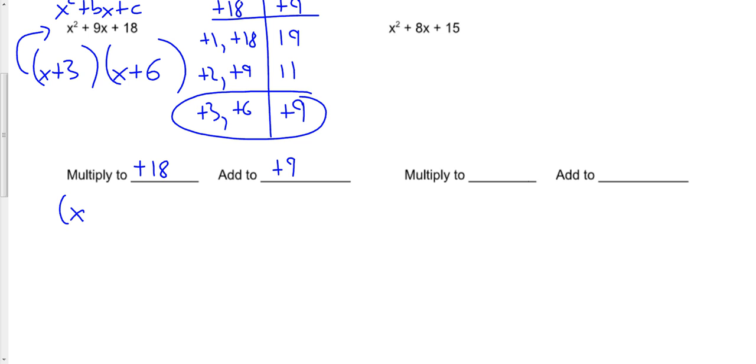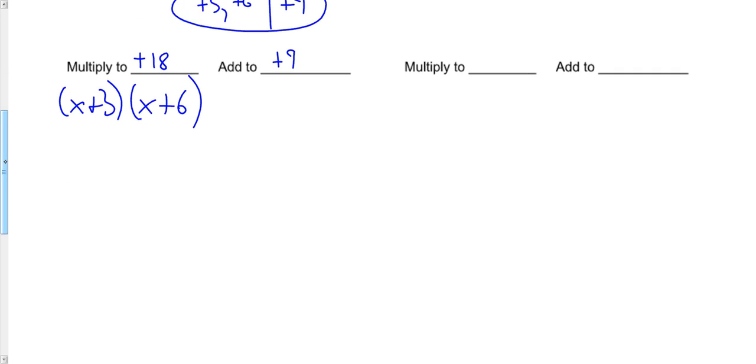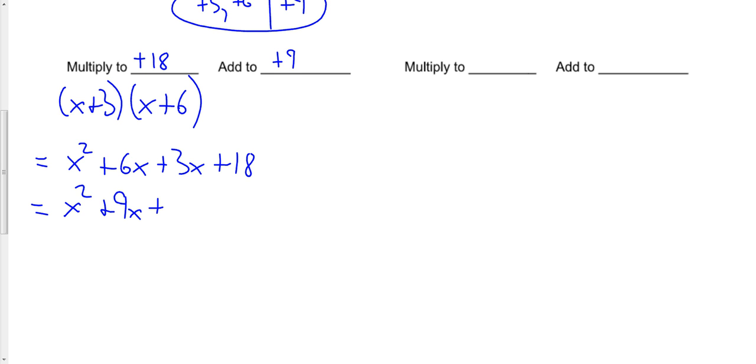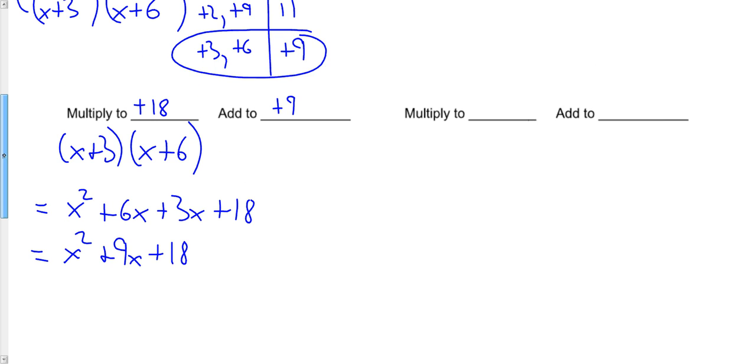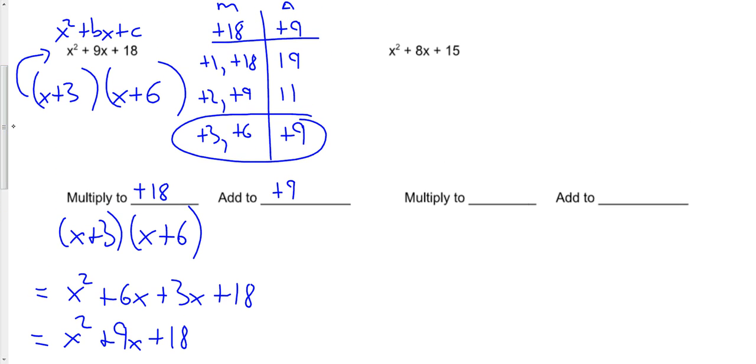If I do x plus 3 times x plus 6 using my FOIL pattern, it's going to give me x squared plus 6x plus 3x plus 18, which ends up being x squared plus 9x plus 18. Those two things are equivalent, so I have correctly factored this particular equation.